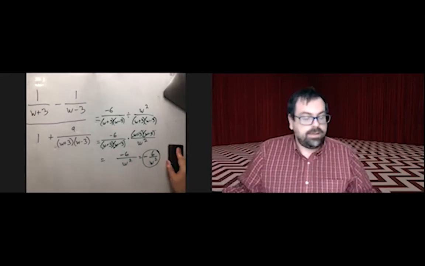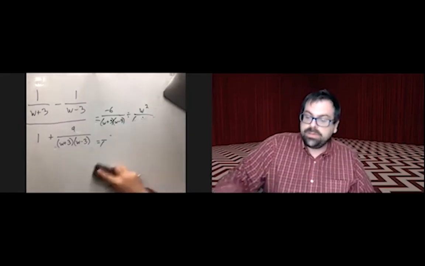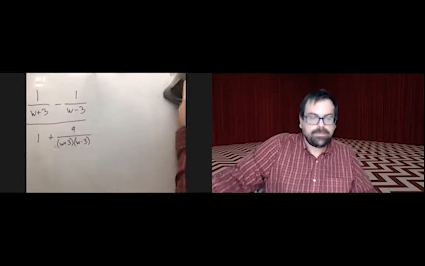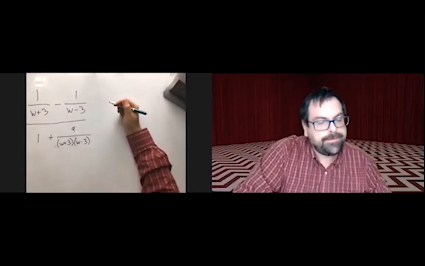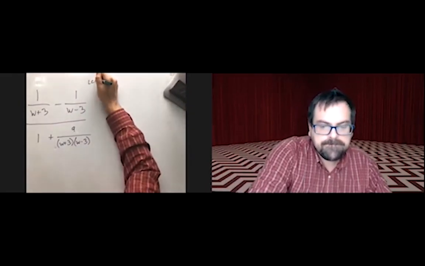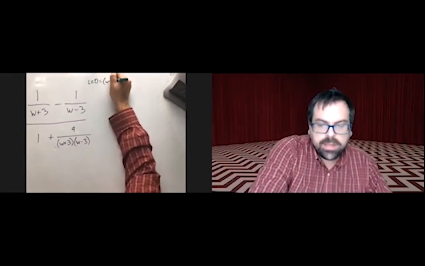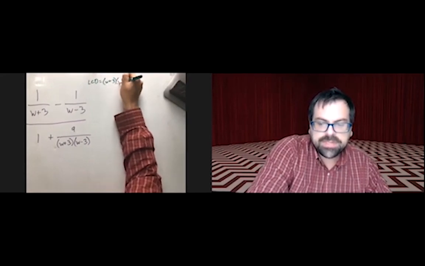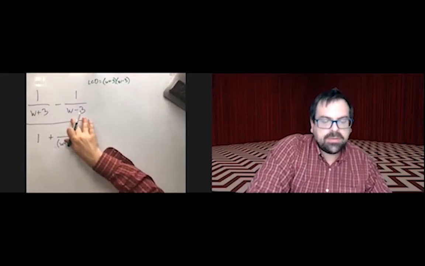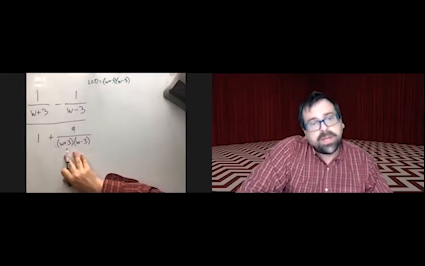Let's do this with method 2. Method 1 sure took a long time. The LCD of everything is W plus 3 times W minus 3. We take this one, we take that one, and then by the time we get here, we already have them both.